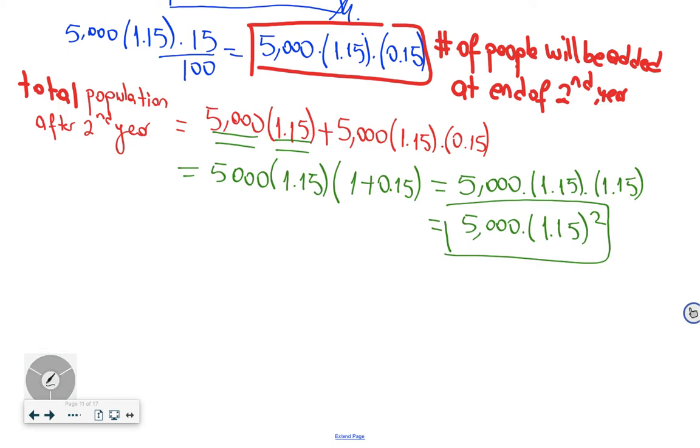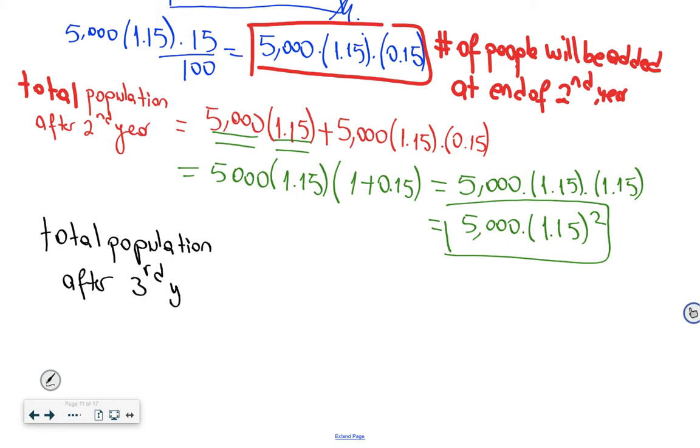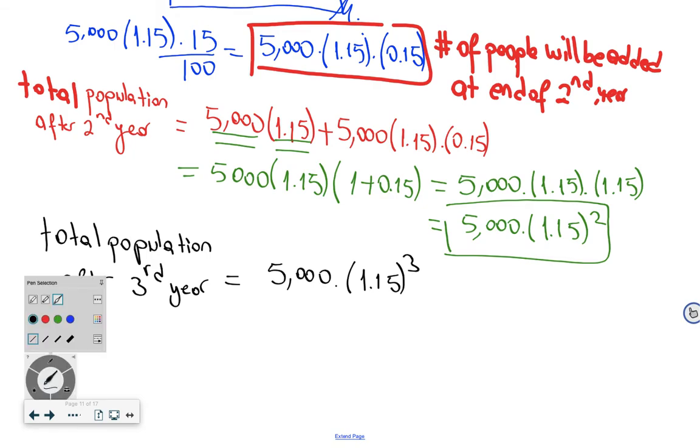By using this pattern, can I guess what the total population after the third year is going to be? After the third year, it's going to be 5,000 times 1.15 cubed. What about the final answer?